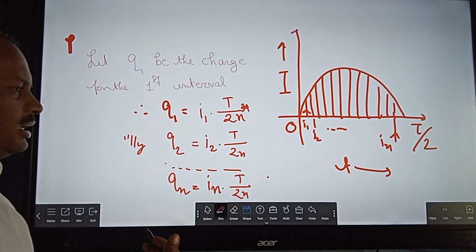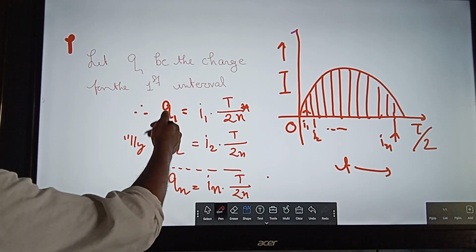So for each time interval, we get the charges Q1, Q2, up to Qn.